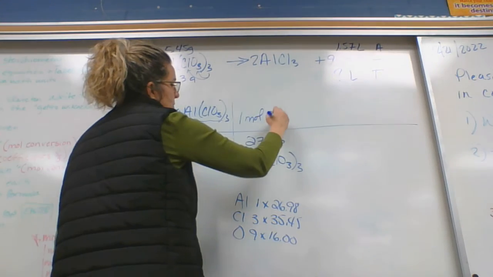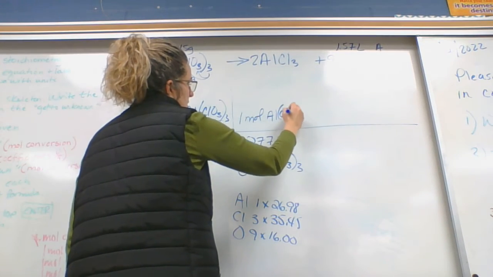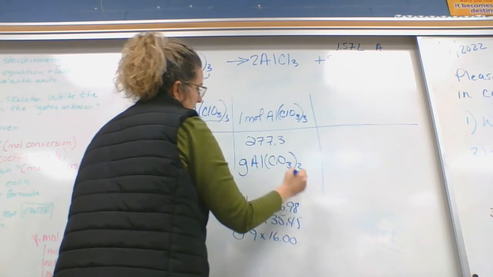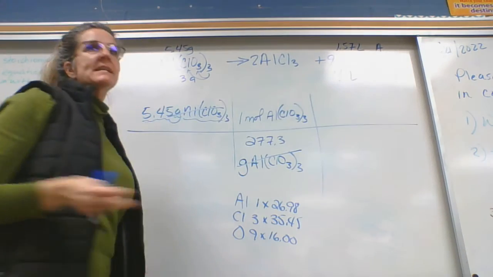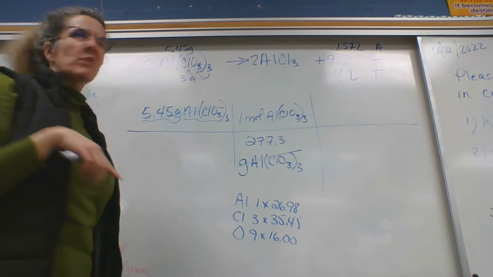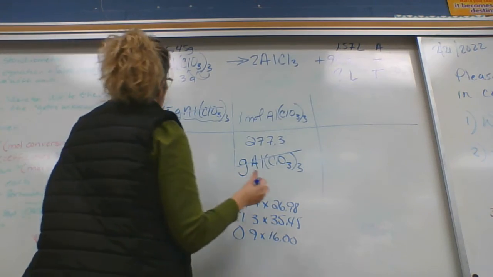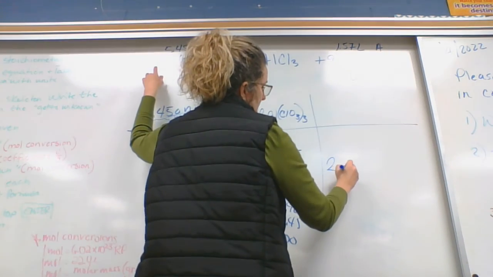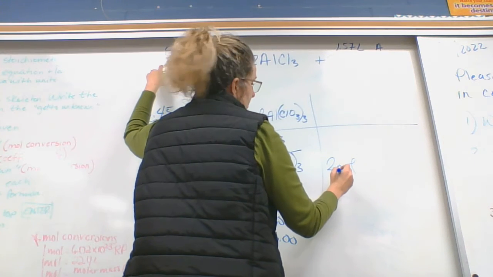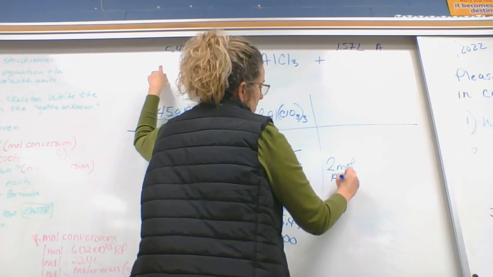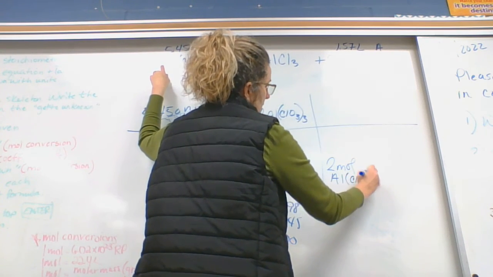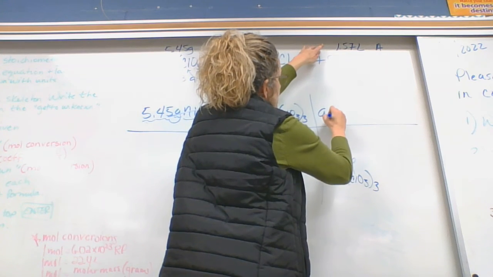Because the first step is get to moles. Second step, mole ratio. Where do we get those numbers from? The coefficients from the balanced equation. That's why it's super important to always balance. It's always unknown over given. So 2 moles of aluminum chlorate over 9 moles of oxygen.